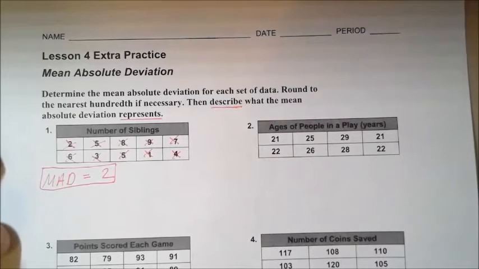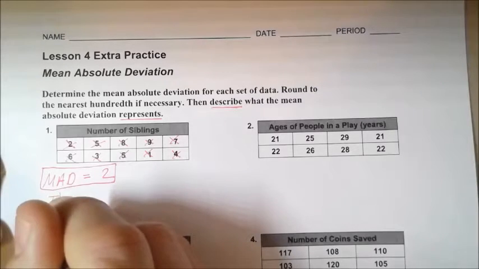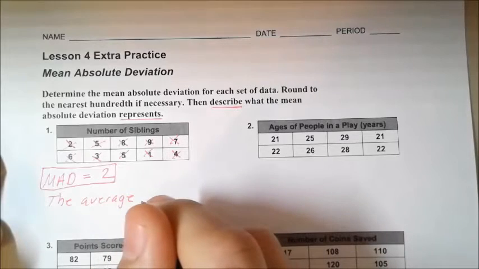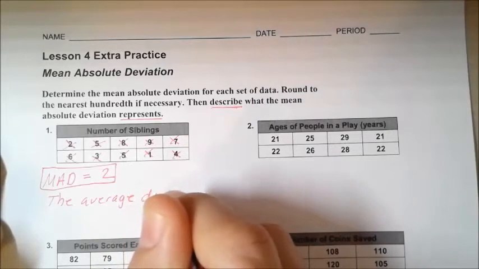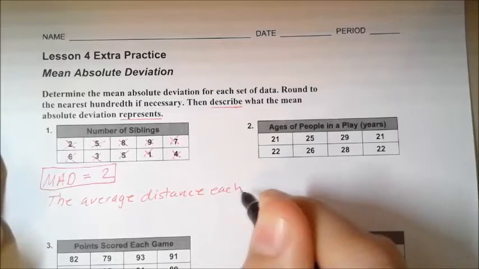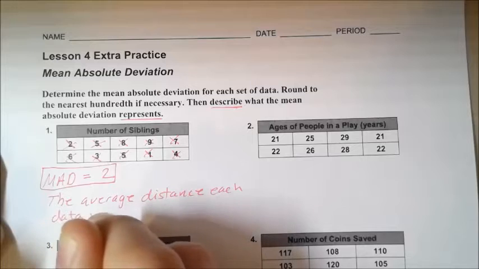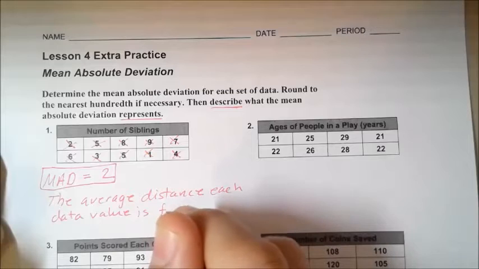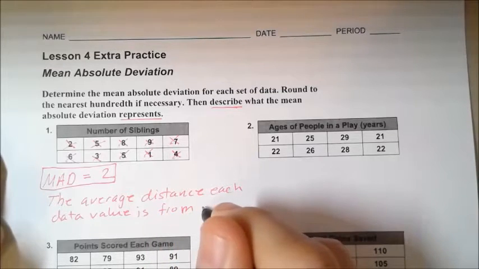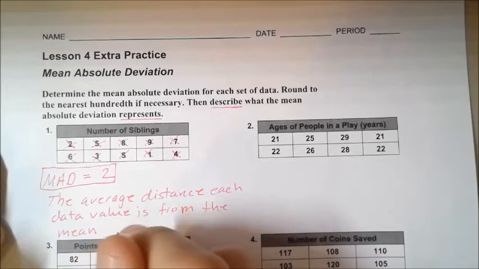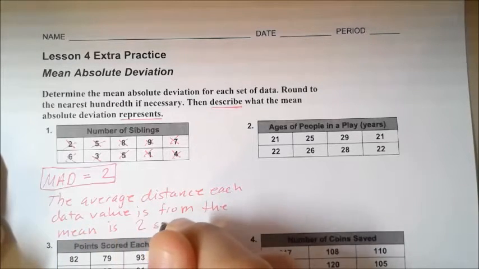And so let's go ahead and make a statement. We're going to say this is the average distance each data value is from the mean is 2 siblings.